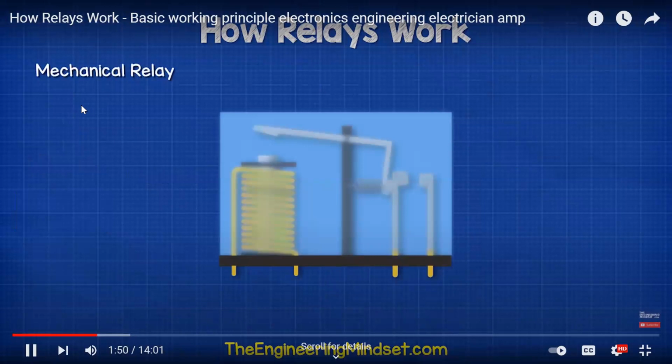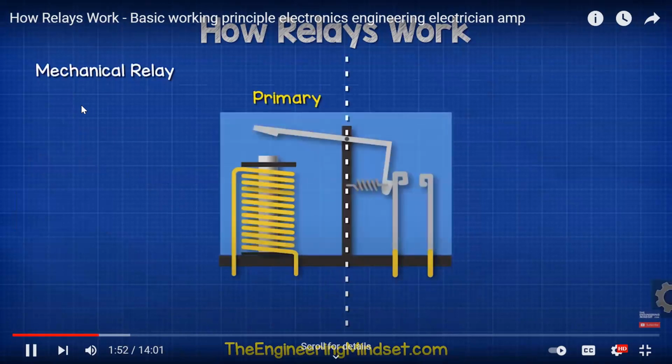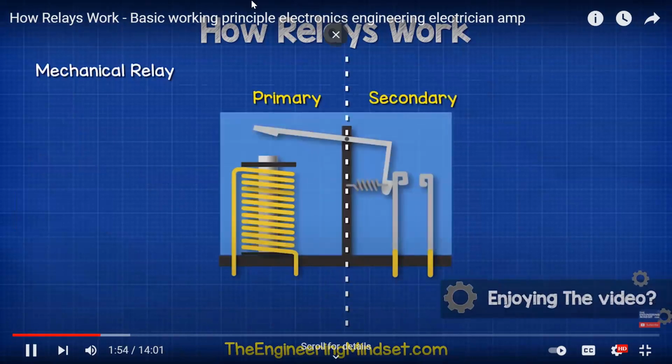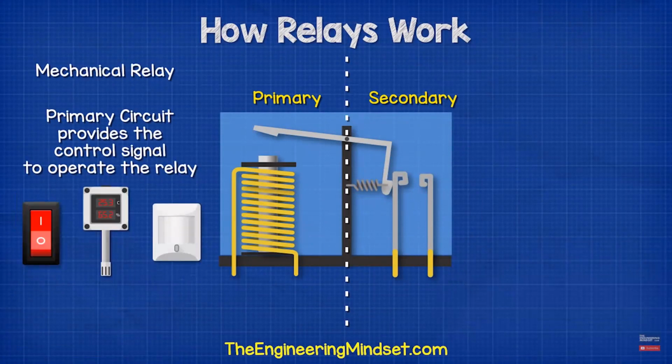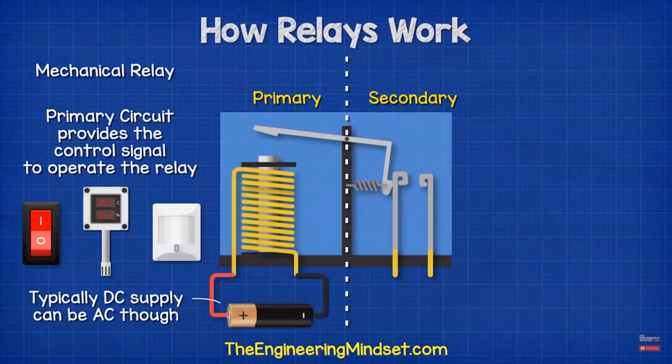There are two main circuits in the relay, the primary side and the secondary side. The primary circuit provides the control signal to operate the relay. This would be controlled by a manual switch, a thermostat, or some other type of sensor. The primary circuit is generally connected to a low voltage DC supply.